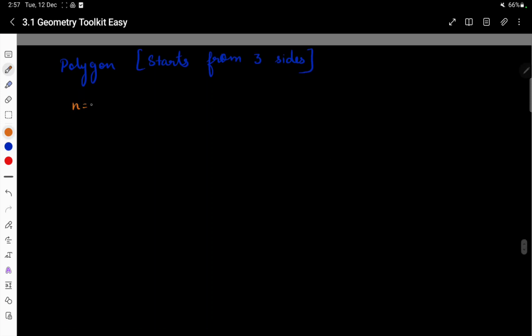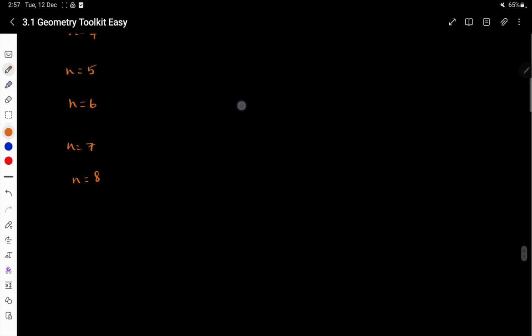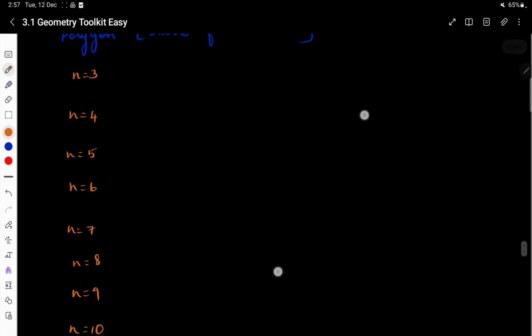So n equal to 3, n can be equal to 4, 5, 6, 7, 8, 9, 10, 11, 12. And we'll see the names.